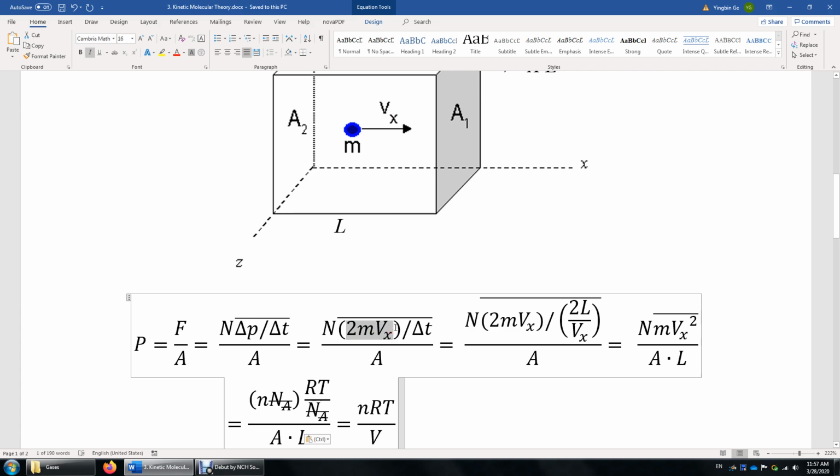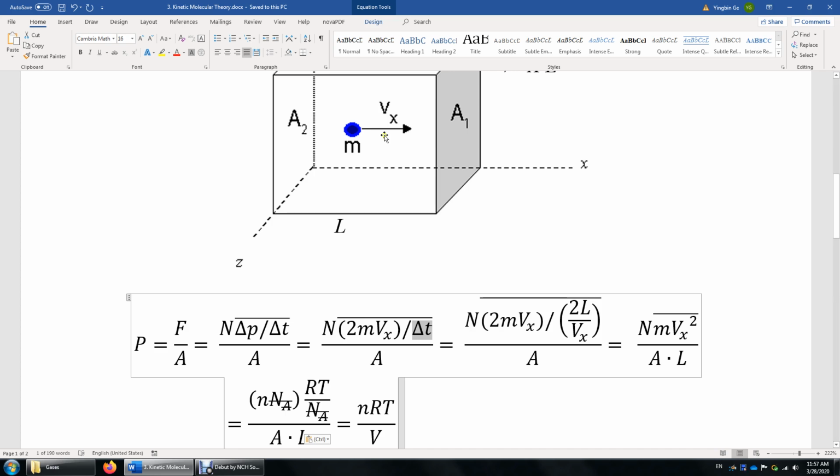Again, a positive 100 meters per second and a negative 100 meters per second are different velocities. When a particle changes its moving direction, the momentum changes. All right, and then we need to compute this delta t, the time period. So what we need to know is how frequently this particle collides with A1.